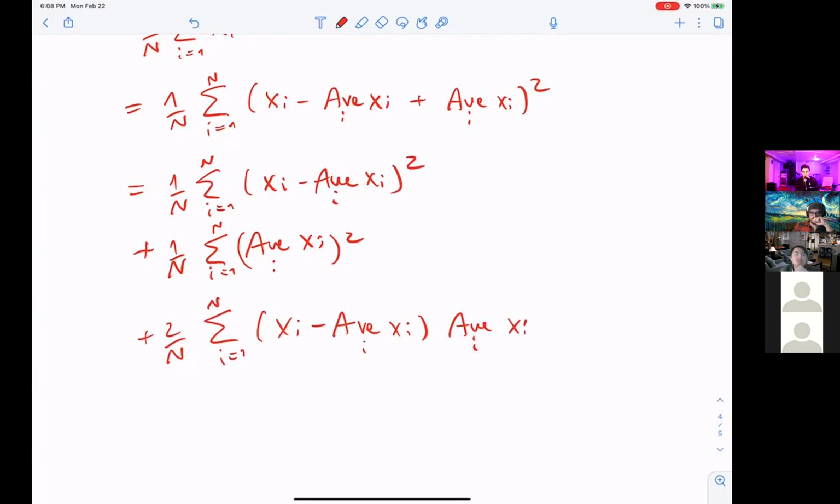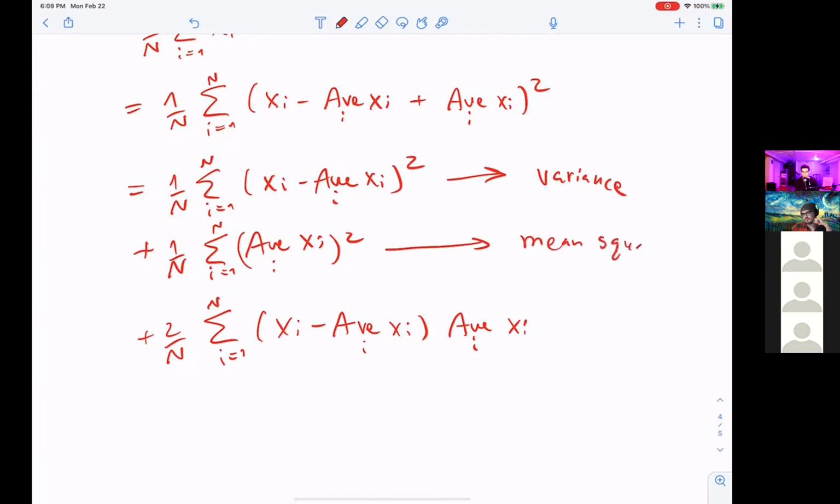Yeah. And so here, notice that this thing is just a variance. This thing is just a mean squared. And this thing is just equal to 0.